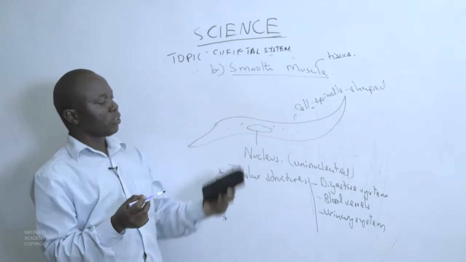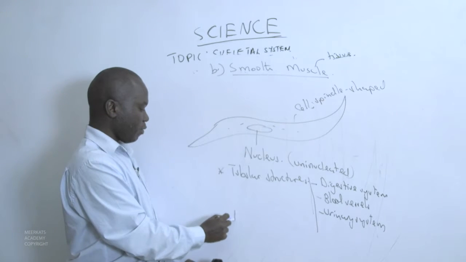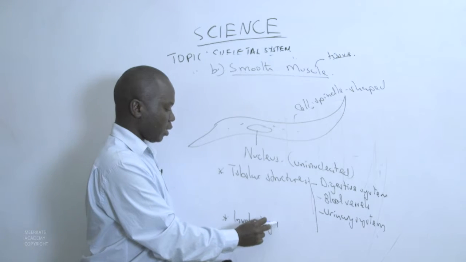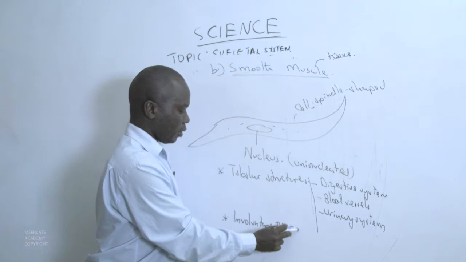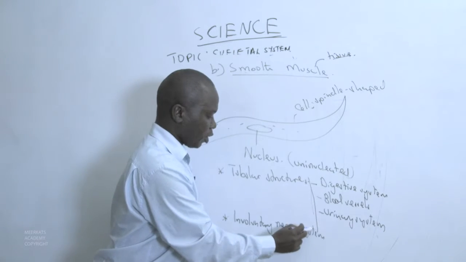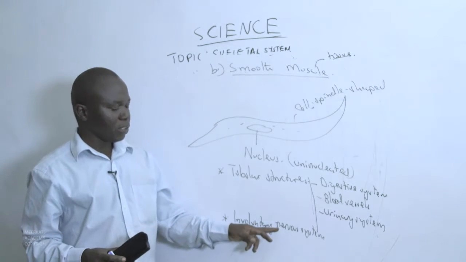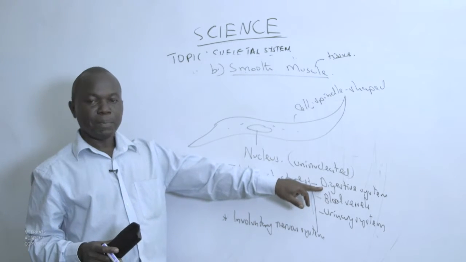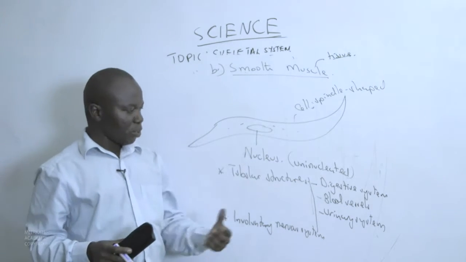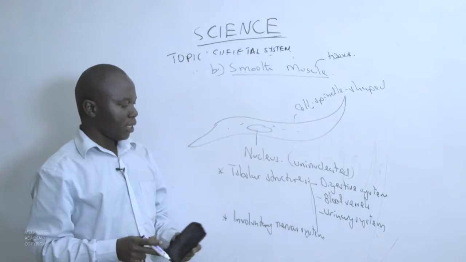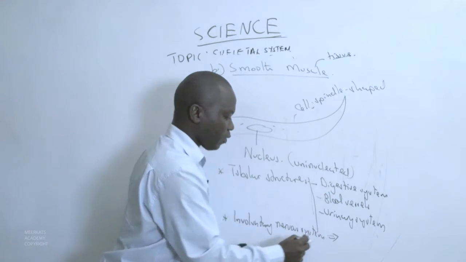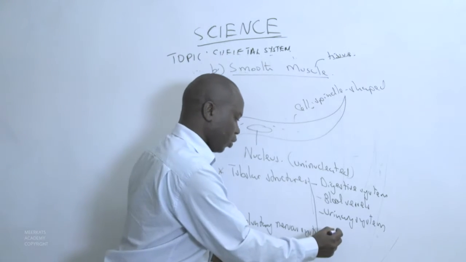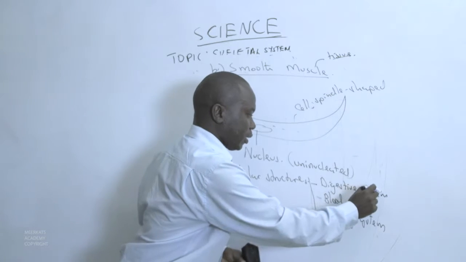But smooth muscles are controlled by the involuntary nervous system. In other words, for example, in the digestive system, for food to move down the digestive tract, we identified a process. I know you can remember the process was called peristalsis.